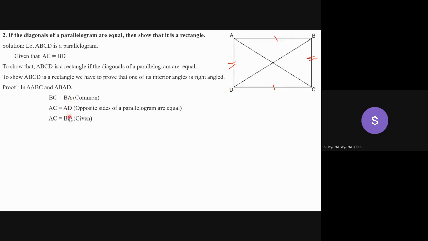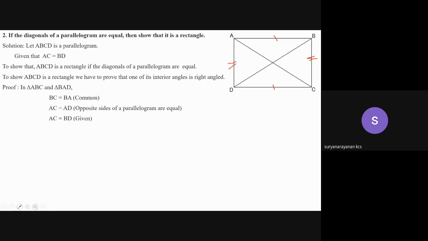I am showing by laser pointer also. Which parts of these two triangles are compared here? Side, side and side. Yes or no? Side, side, side in the first triangle are compared with the corresponding side, side, side in the second triangle.